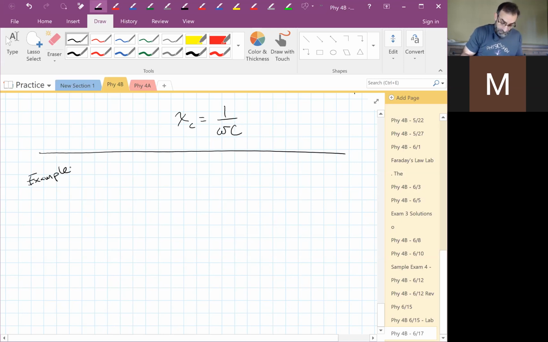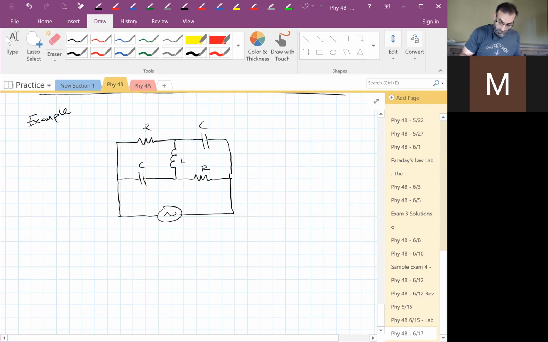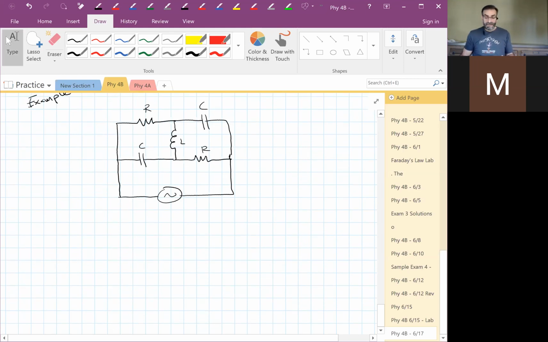We've got a circuit that looks like this. And we want to know, what does this circuit look like in the high frequency limit, as the frequency goes to infinity? And what does it look like in the low frequency limit, as the frequency goes to zero?